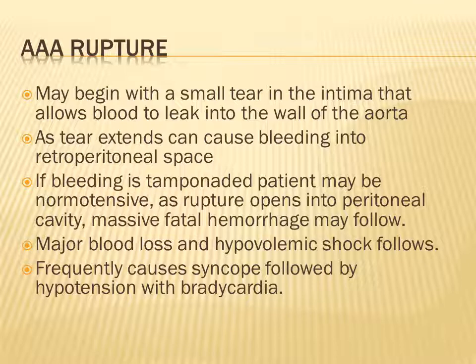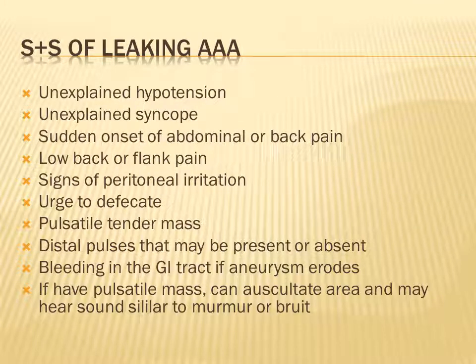If you'll remember back to your definitions of orthostatic vitals, a lot of times a patient who has syncope does have that hypotension, but they're going to have a period of tachycardia also, and these patients have that bradycardia that can be sustained. So signs and symptoms: unexplained hypotension, unexplained syncope, sudden onset of abdominal or back pain.